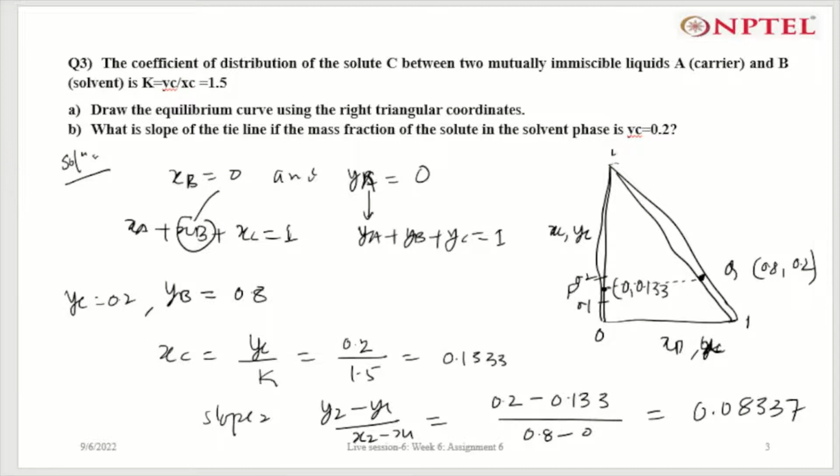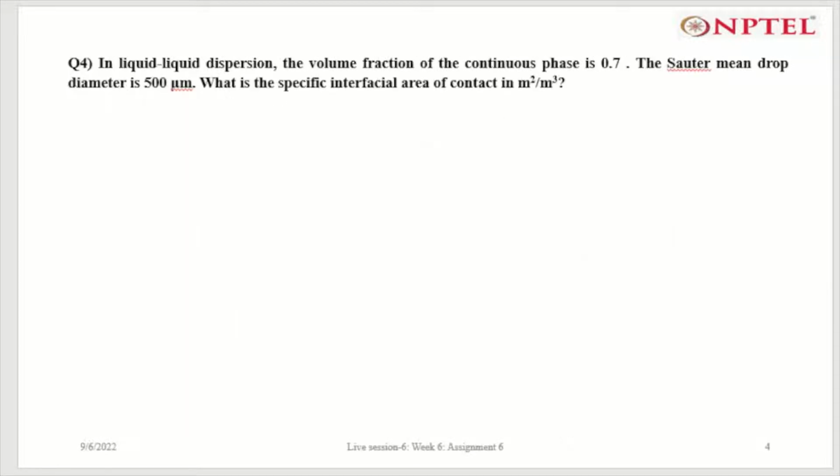Moving to the next one. In a liquid dispersion, the volume fraction of the continuous phase is 0.7. The mean drop diameter is 500 micrometer.